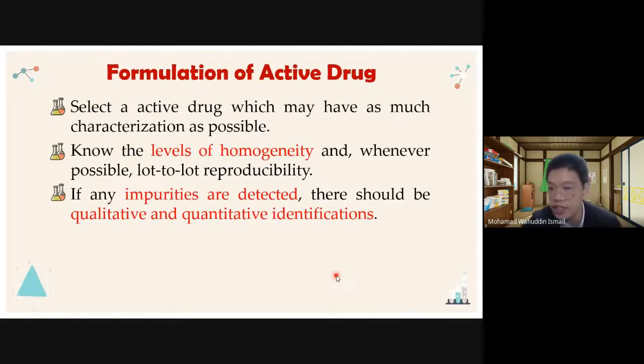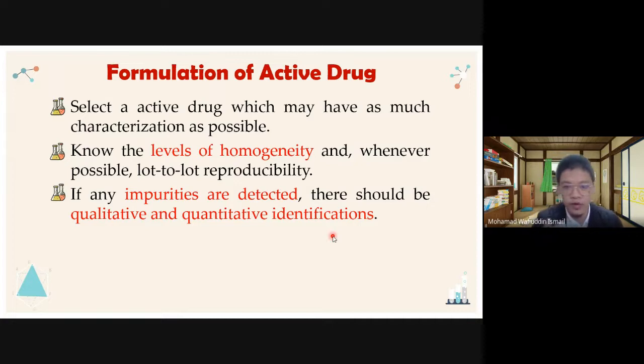First is the selection of the active drug: the type of drug we want to deliver, and its therapeutic index and therapeutic effects. Select an active drug which has as much characterization as possible. We must know the level of homogeneity and the lot-to-lot reproducibility. If any impurities are detected, there should be qualitative and quantitative identification.